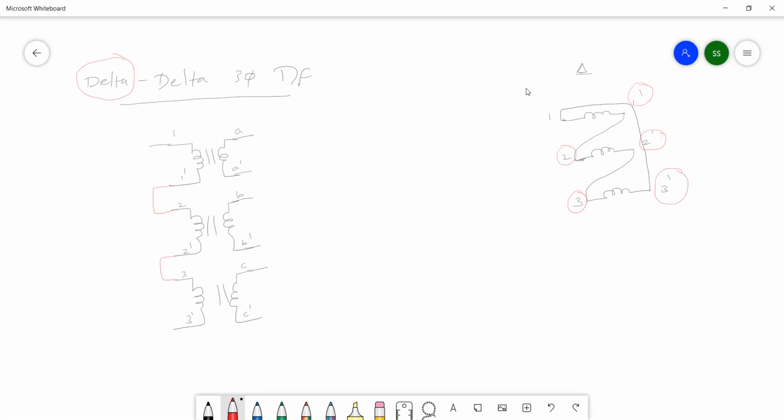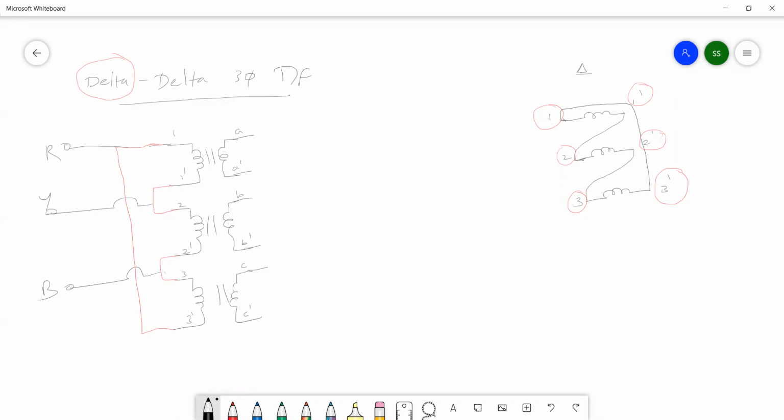Next 3 dash connected to 1. So 3 dash connected to the first terminal. Done, finished. Now you just drag these terminals to outside, the common points, R, Y, and this common point B. Finish, delta connection.